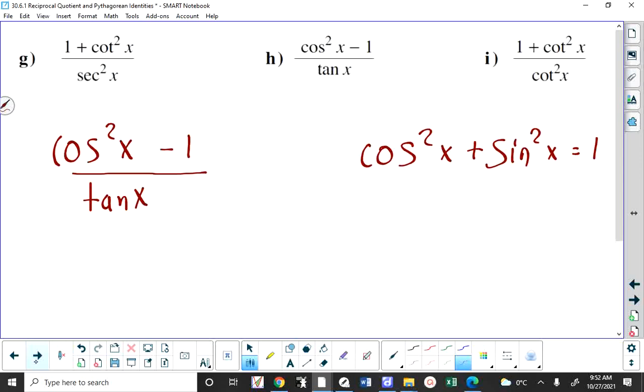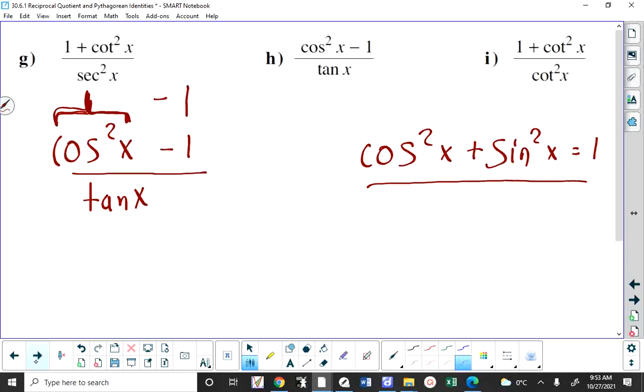I'm trying to wrap my head around the best way to explain this. If you can recognize that this thing is going to be, based on this identity, an expression that contains sine squared of x and the number 1, then you can think ahead and say that if this expression is going to contain the number 1, then when I subtract this 1, the 1 will go away.